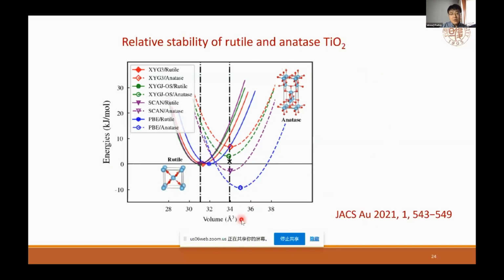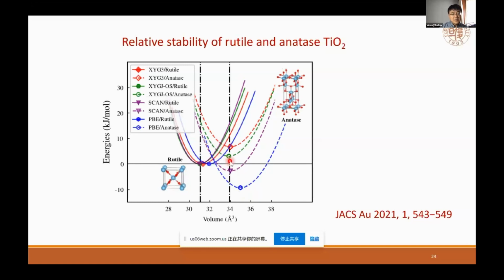In fact, the volumes predicted by PBE are also too large for both anatase and rutile compared to the corresponding experimental results. The SCAN functional leads to a very good prediction of the volume, but still overestimates the stability of anatase.